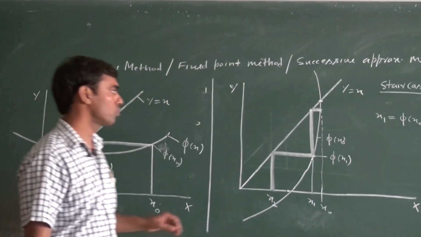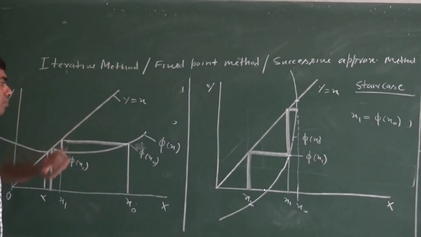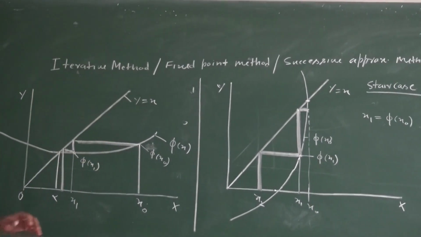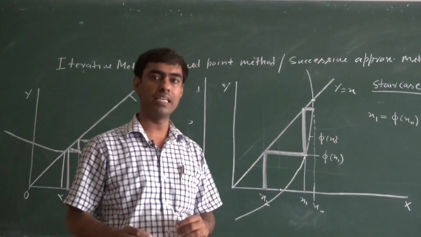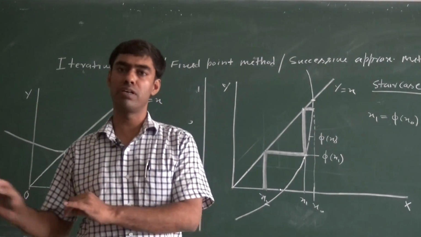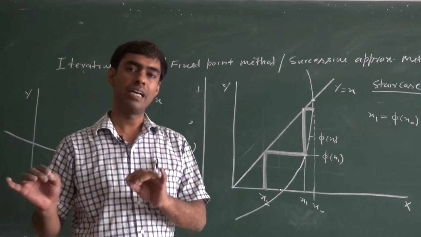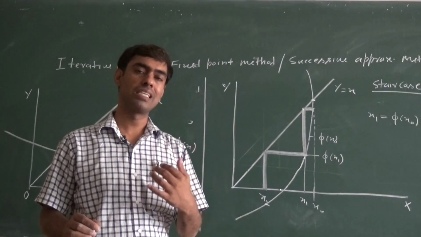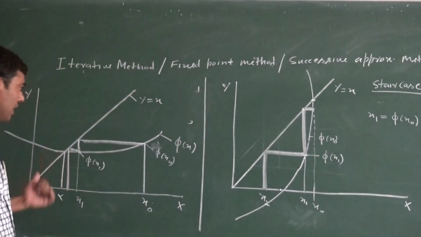This is also known as monotone divergence, and this is monotone convergence. The previous one was spiral convergence, and similarly, if we move far from our actual root, it is a spiral divergence in the previous graph.